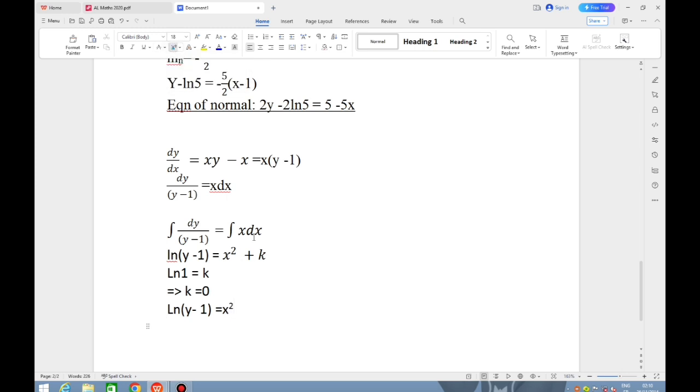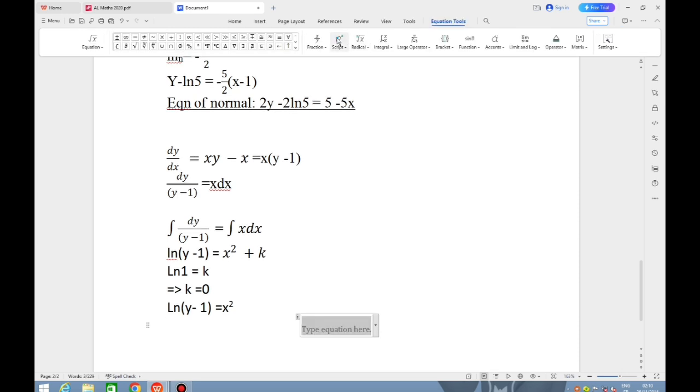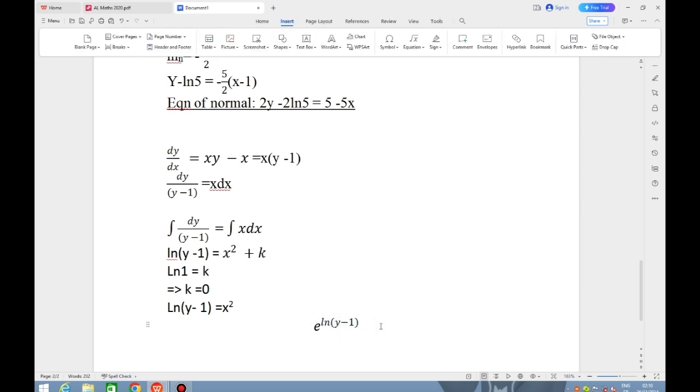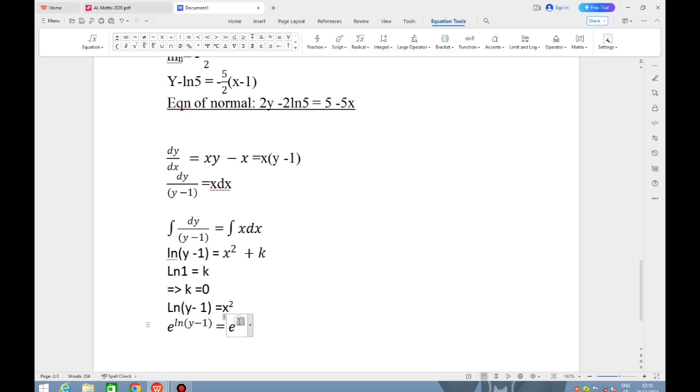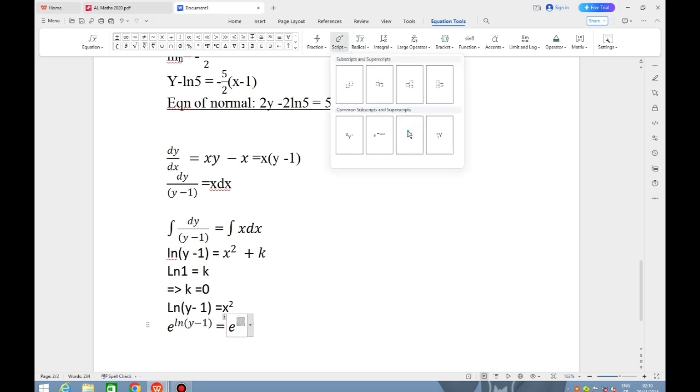And from here we can proceed to expressing this equation in terms of x and y. To do this, we simply have to eliminate this ln sign from here, and to eliminate this, we simply raise everything to e. This is going to turn to e raised to ln of y minus 1 is equal to e raised to x squared.